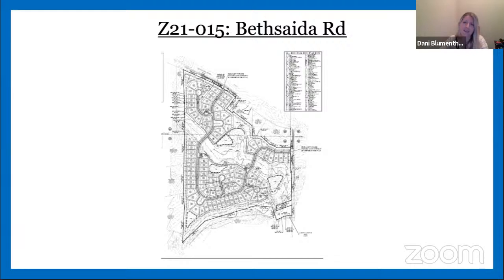But then it seemed to make sense to make the zoning continuous, because it's essentially the same group of owners that has that whole property. So that's why we decided to rezone all 3 parcels.